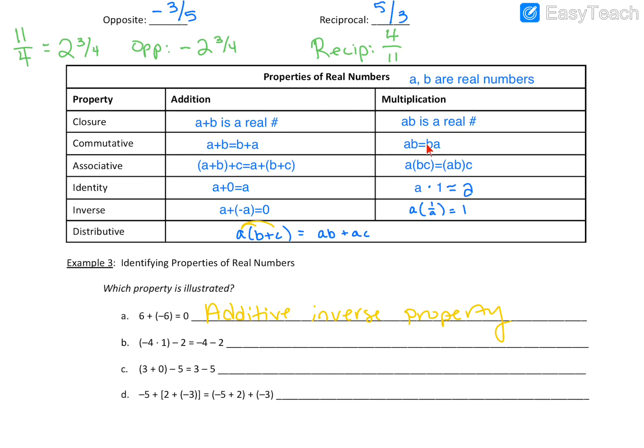It's multiplication, multiplying by 1, and it's still that same number. Negative 4 would be the A, so that shows up both times. So for B, we're looking at the identity property with multiplication. We call that the multiplicative identity property.